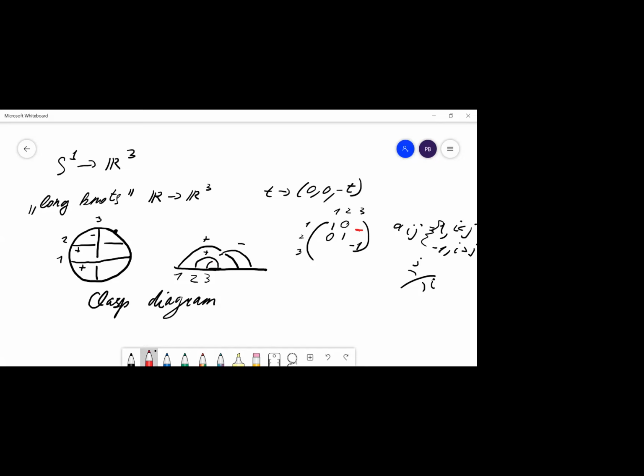Correct. And why is the A12 entry equal to 0? Because the second and the first chords do not intersect.